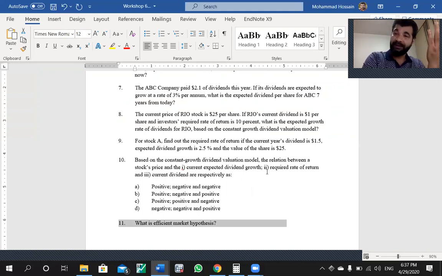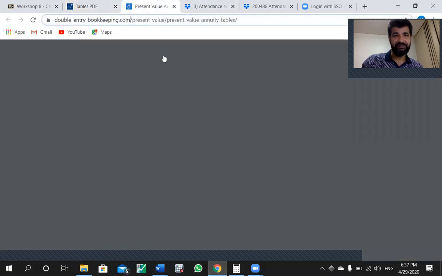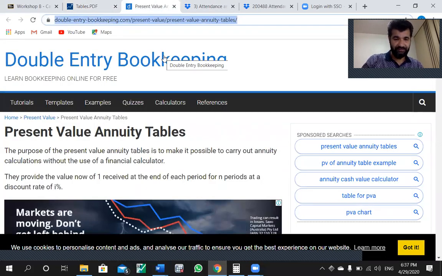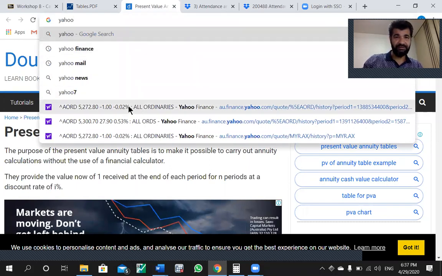The price you are paying, let's say Apple computers now, the share price is around $200. Is it? I think it's $200. Okay. So now if you go to Yahoo Finance, let's see.